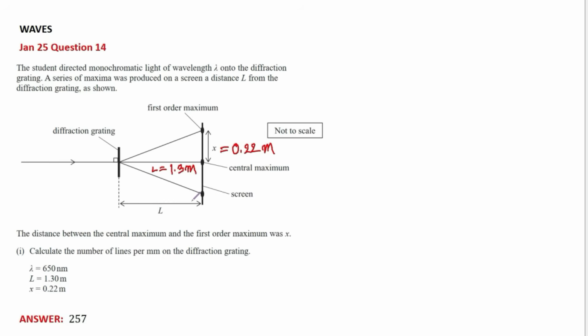The very first thing you do with questions like this is to find out this angle theta, right? And the trigonometric function that should pop up in your head right away is opposite by adjacent, that is tan theta.